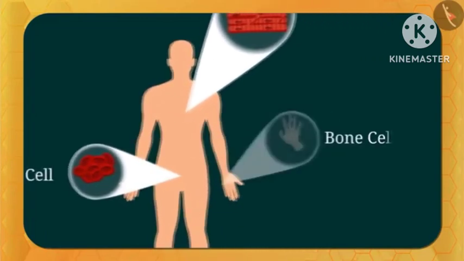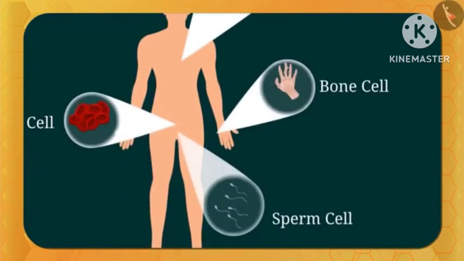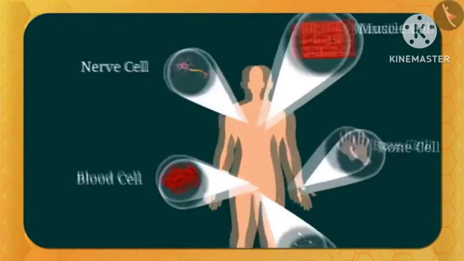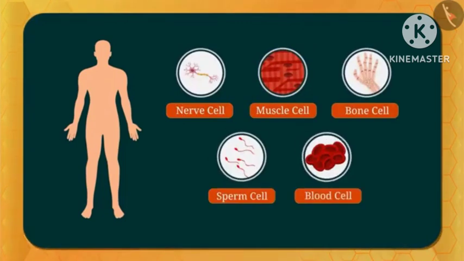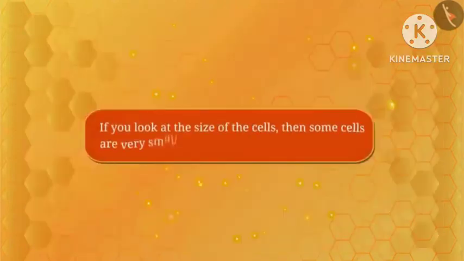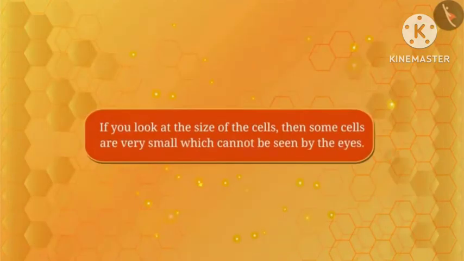Firstly, we have muscle cells, which help us to move and locomote. Then blood cells, bone cells, sperm cells, nerve cells. Each cell is of a different shape and size, and all the cells have a certain function.